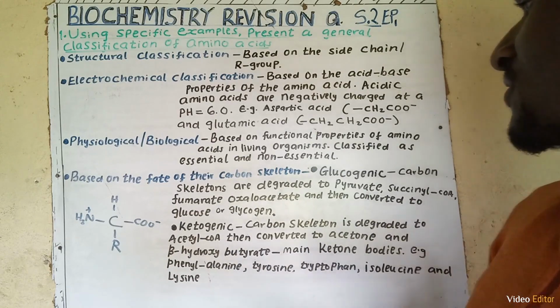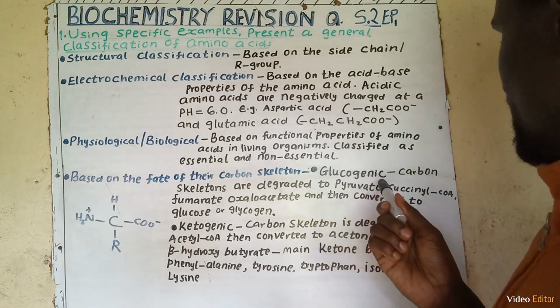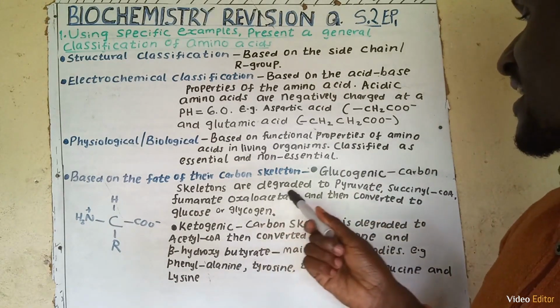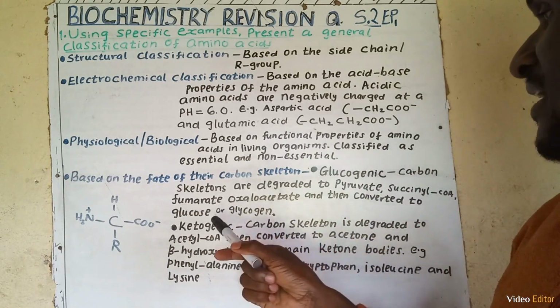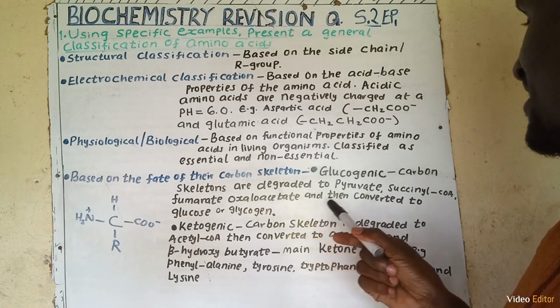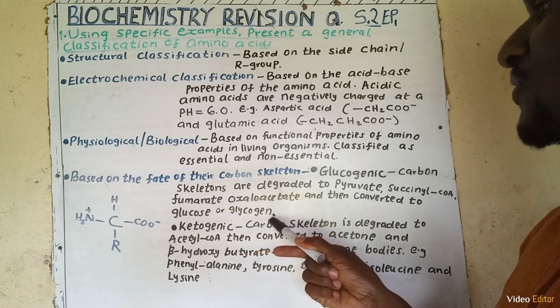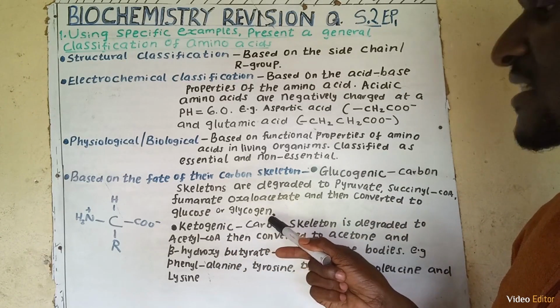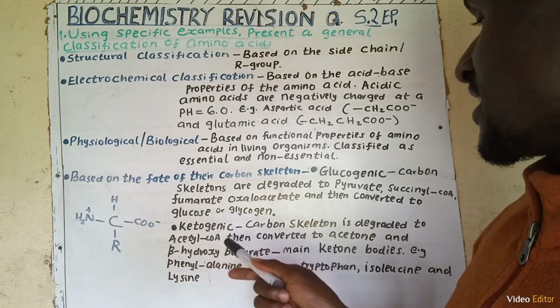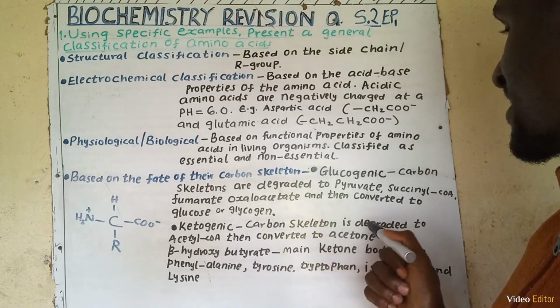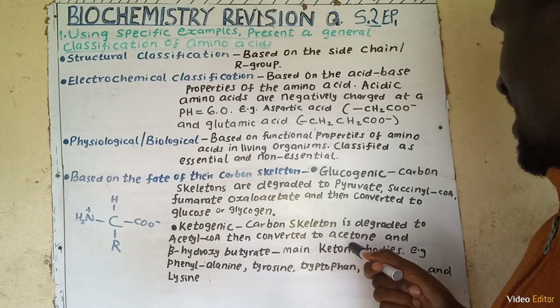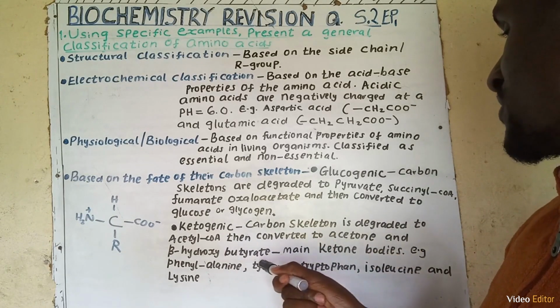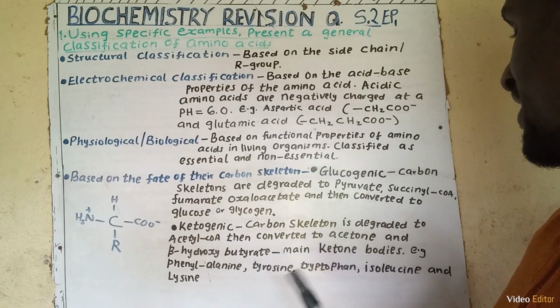Glucogenic: their carbon skeletons are degraded to pyruvate, succinyl-CoA, fumarate, oxaloacetate, and then converted to glucose or glycogen. I've explained that. Then we have ketogenic: their carbon skeleton is degraded to acetyl-CoA, then converted to acetone and beta-hydroxybutyrate. These are the main ketone bodies.